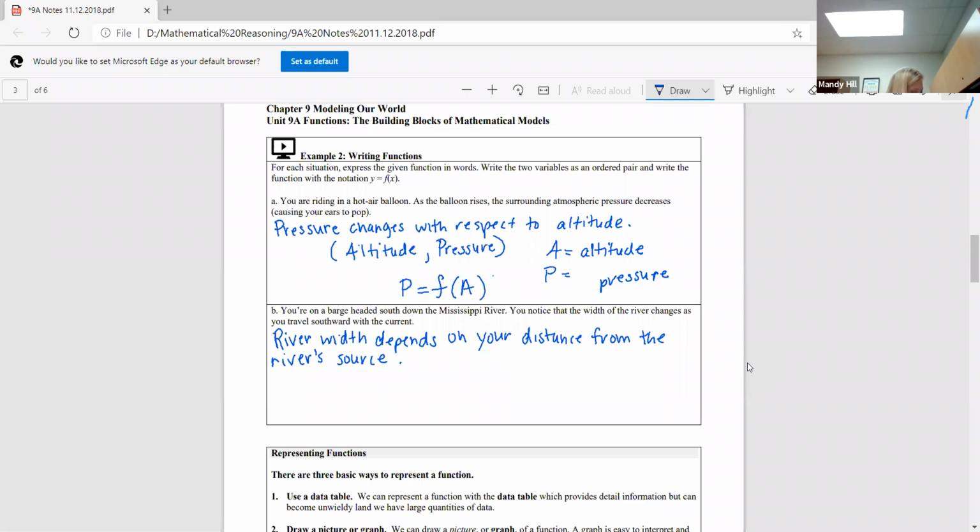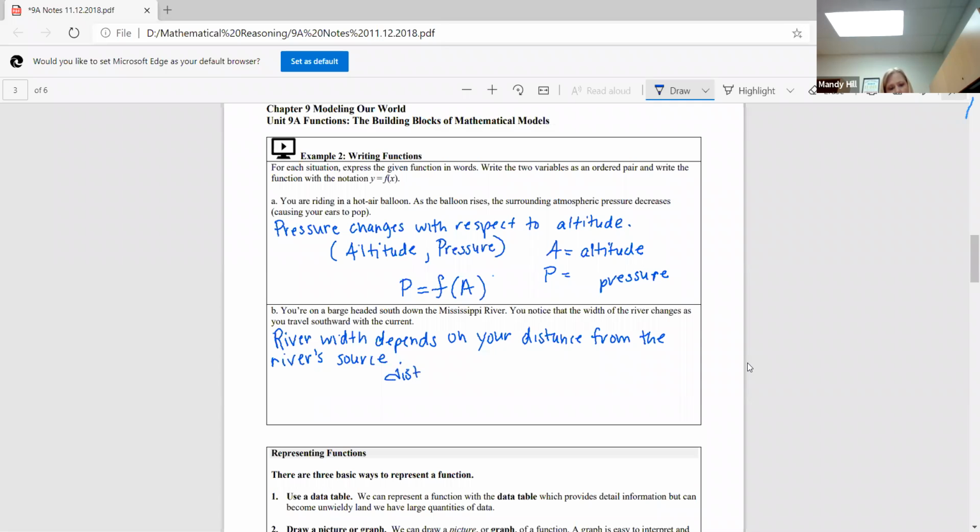So we say that the river width changes with respect to the distance from the source. The river width is the dependent variable and the distance from the source is going to be independent. So we always put the independent first.